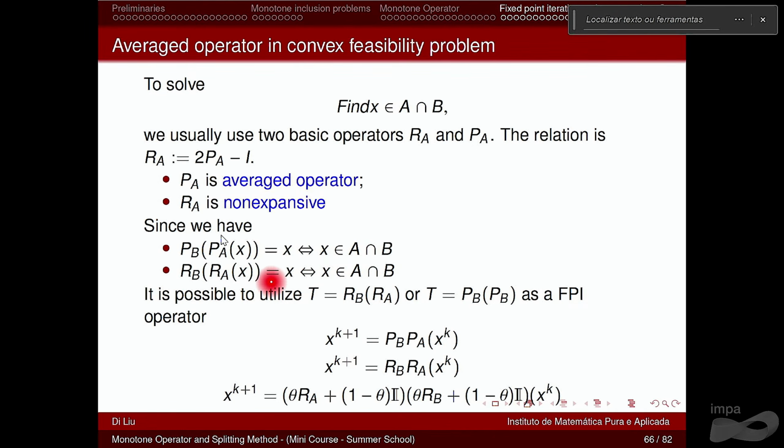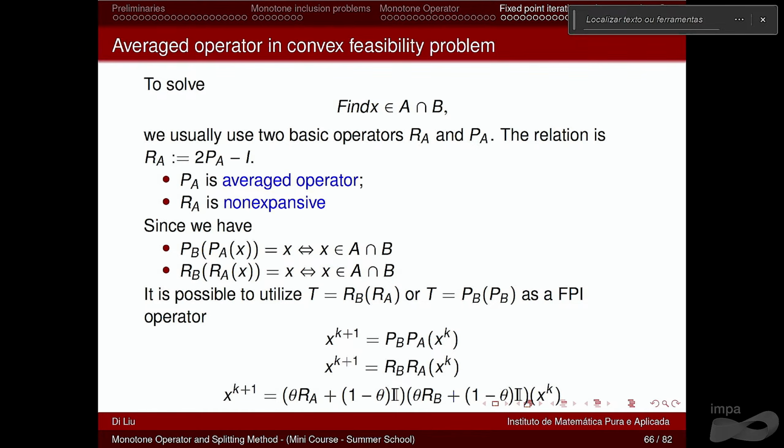If x is a fixed point of the composition of reflection A and reflection B, it also belongs to the intersection. These two facts are the base of the following two algorithms, in which we use fixed point iteration to solve feasibility problems.